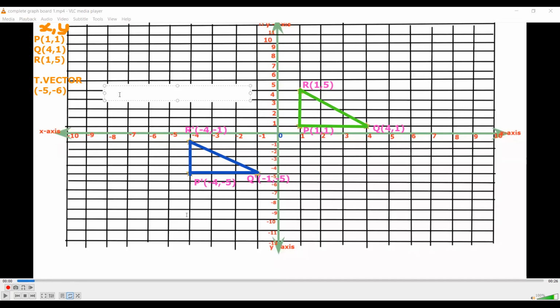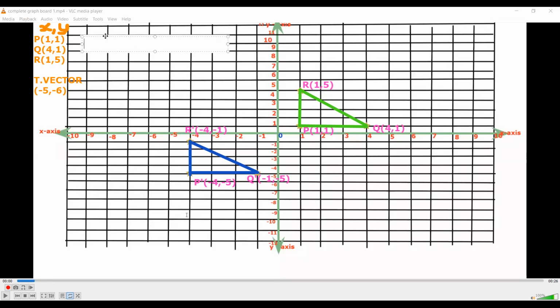You can either write them at the back of the graph book for the teacher to verify whether what you have done is good so that they can also mark it for you, or you can list them out. So here, let me write them here. The P prime is formed by -4 and -5.